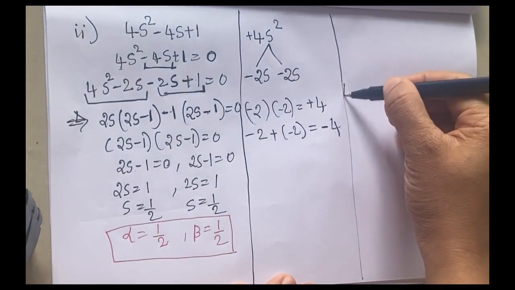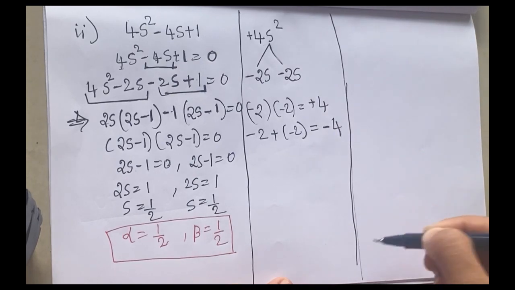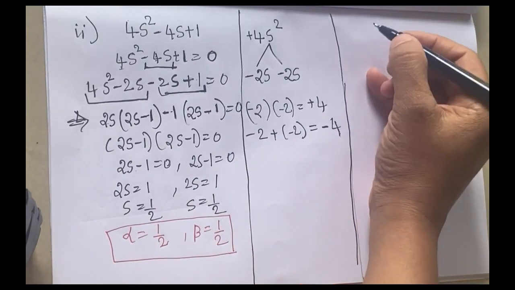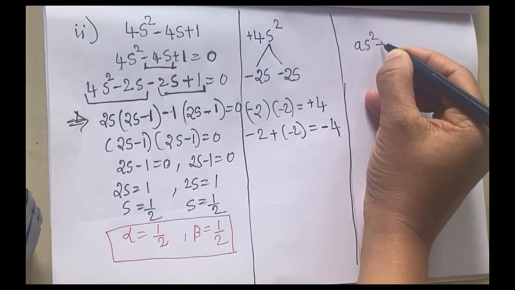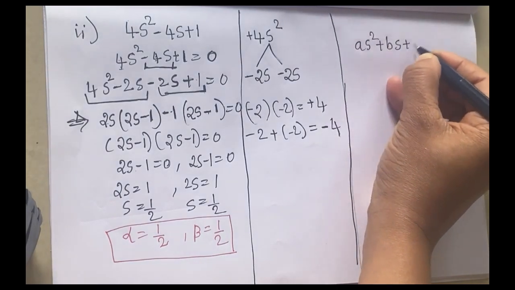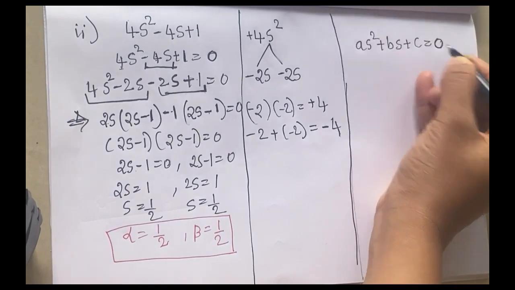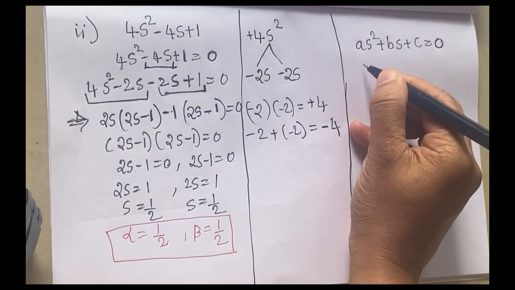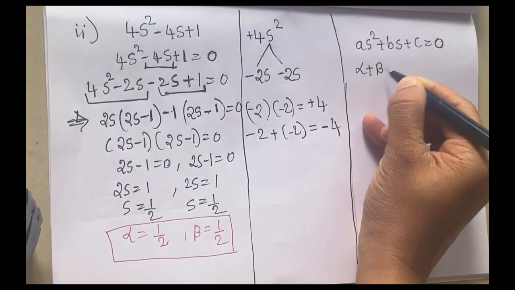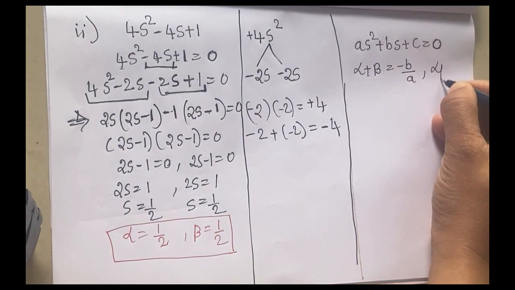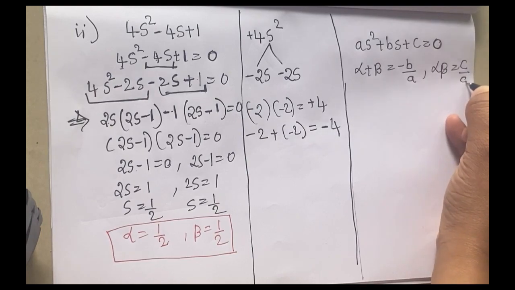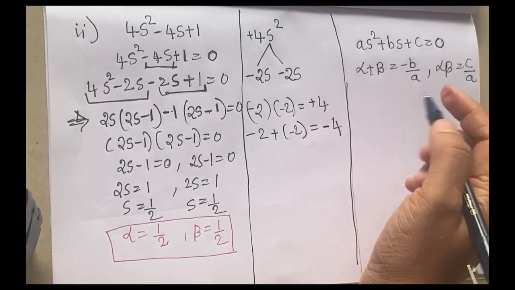Next, I need to find the relationship between zeros and the coefficients. Suppose the equation is like this: as square plus bs plus c is equal to 0. Then alpha plus beta is minus b by a, and alpha into beta is c by a.